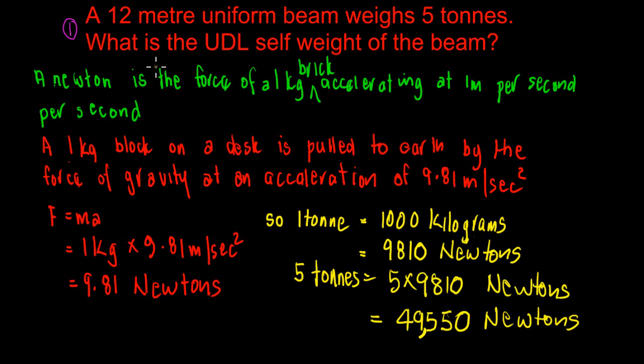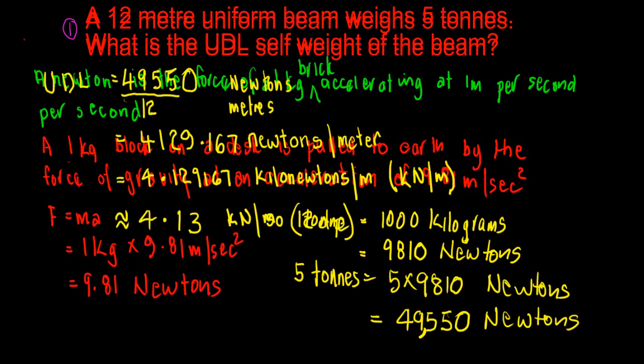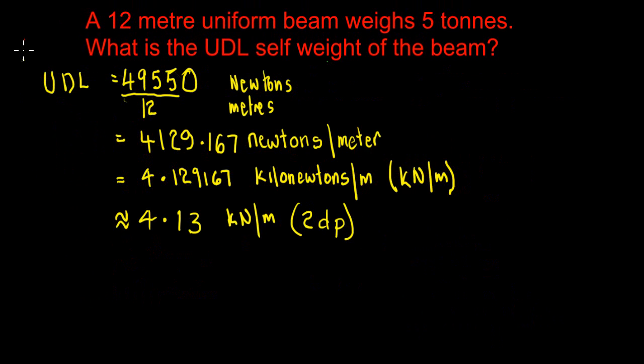So we know that the force that the 5 ton beam is exerting on whatever it sits on is 49,050 newtons. So let's move ahead. I feel we're getting closer to the elusive UDL.